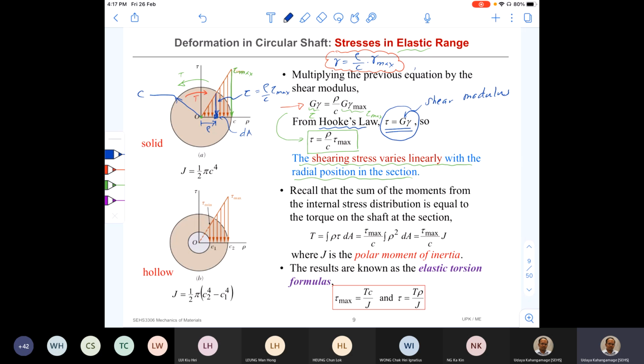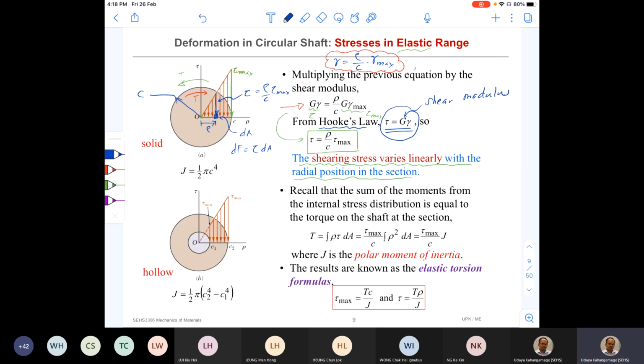So if I want to find out the resistive torque at that point, can you find it? For finding the resistive torque at that point, first I need to know the force at that point, that is dF, a small shear force applied on that small element, which will be equal to tau times dA.